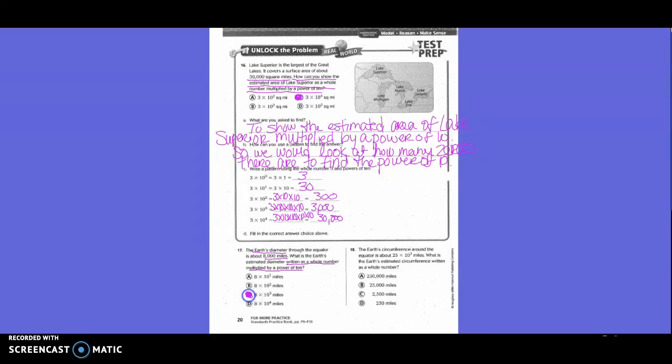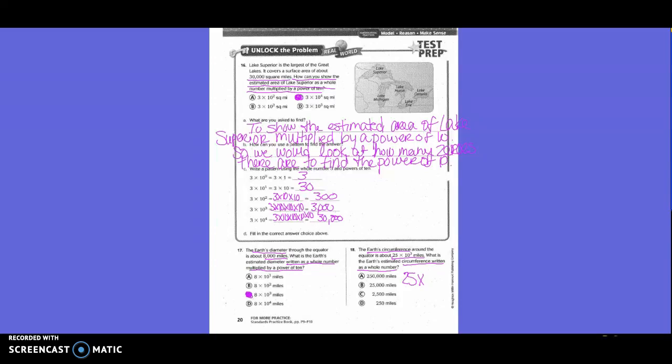Let's see once again. Number 18. The Earth's circumference around the equator is about 25 times 10 to the third miles. What is the Earth's estimated circumference written as a whole number? So Earth's circumference is what we highlight, and then 25 times 10 to the third miles. And then they want to know circumference written as a whole number. So basically, we would write 25 times, and then we could write 10 times 10 times 10, right?